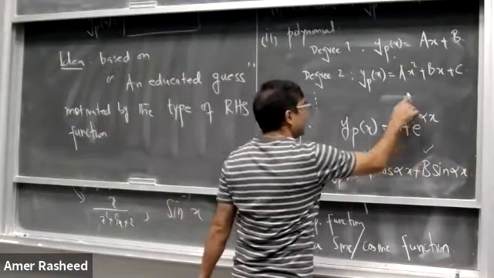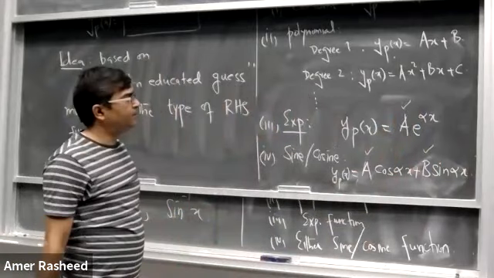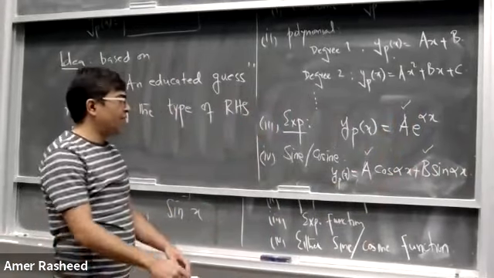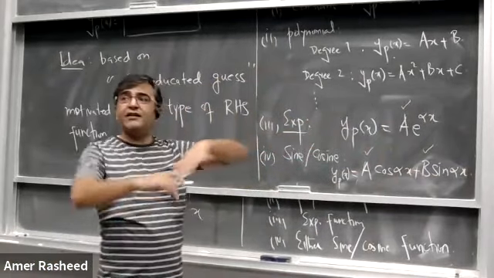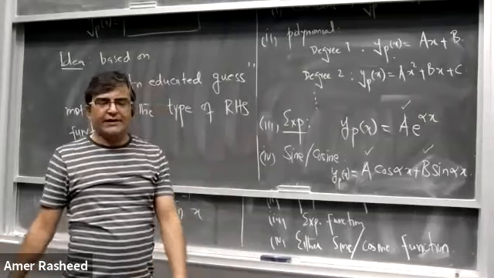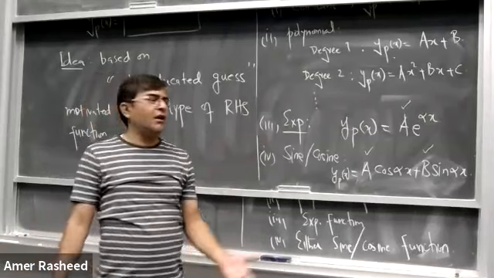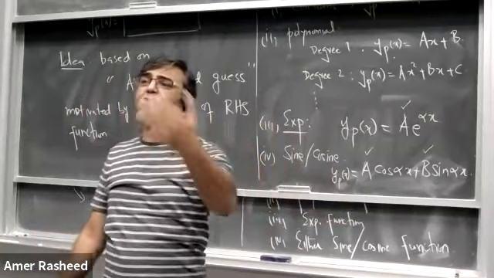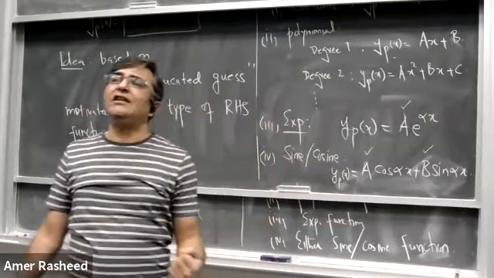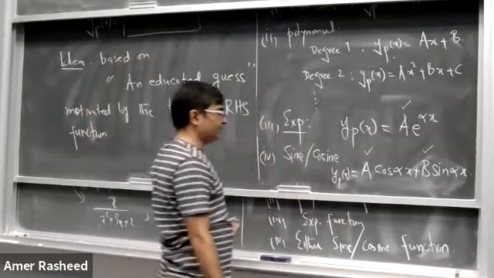Here a is again an undetermined coefficient. So by inserting all these particular solutions in different cases, whatever the right-hand side is, we insert these particular integrals into the given differential equation and try to find the values of these undetermined coefficients. Okay.